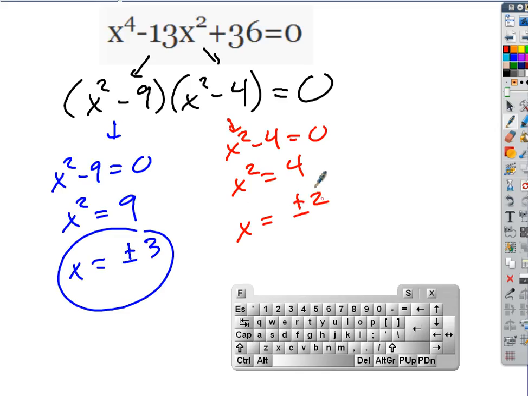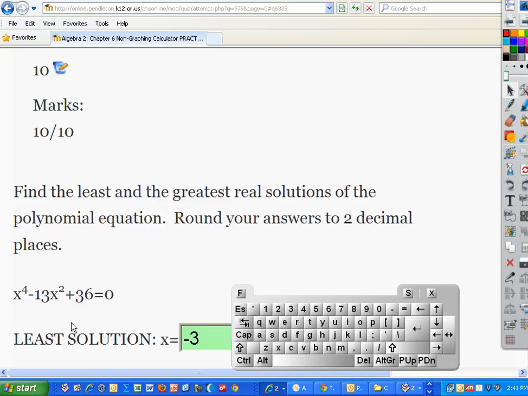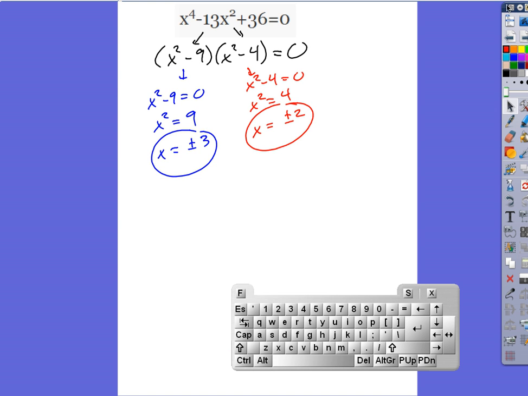Okay? Now, we could have also done this. We could have also recognized that this is quadratic and a is 1, b is negative 13, c is 36, and so we could use the quadratic formula: negative b plus or minus the square root of b squared minus 4ac, all divided by 2a. Now, what's equal to all that stuff?